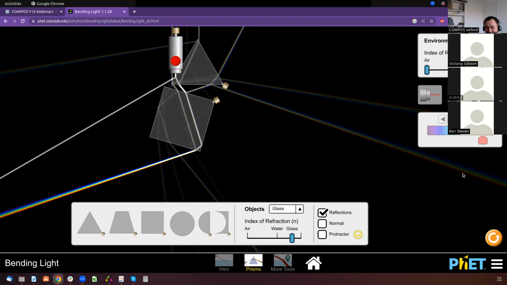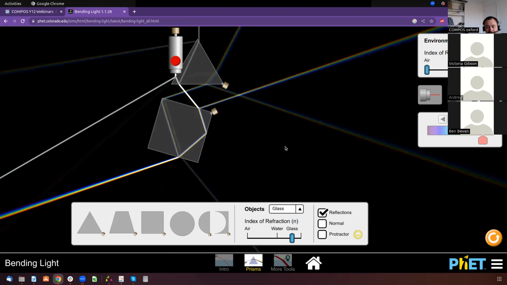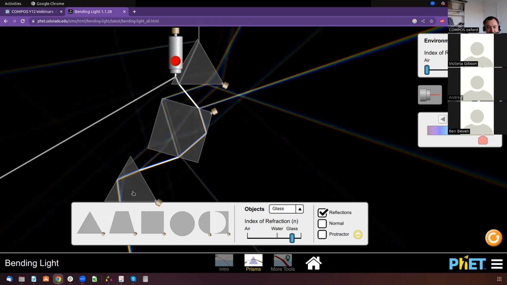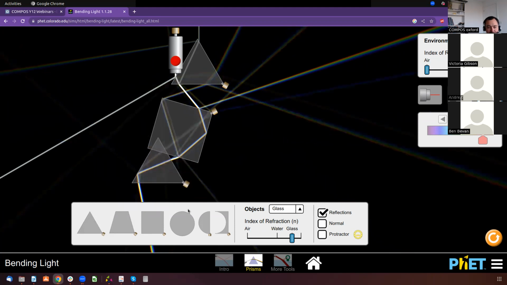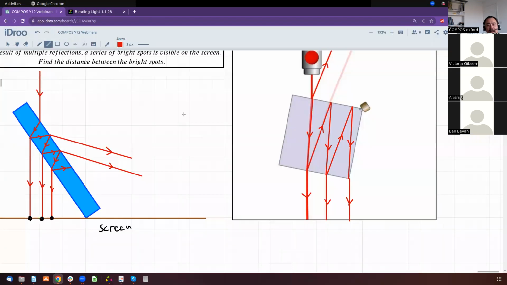But you can see dispersion of light. So light breaks into a spectrum of colors. Oh, that's very fun. Okay, I can do this forever.